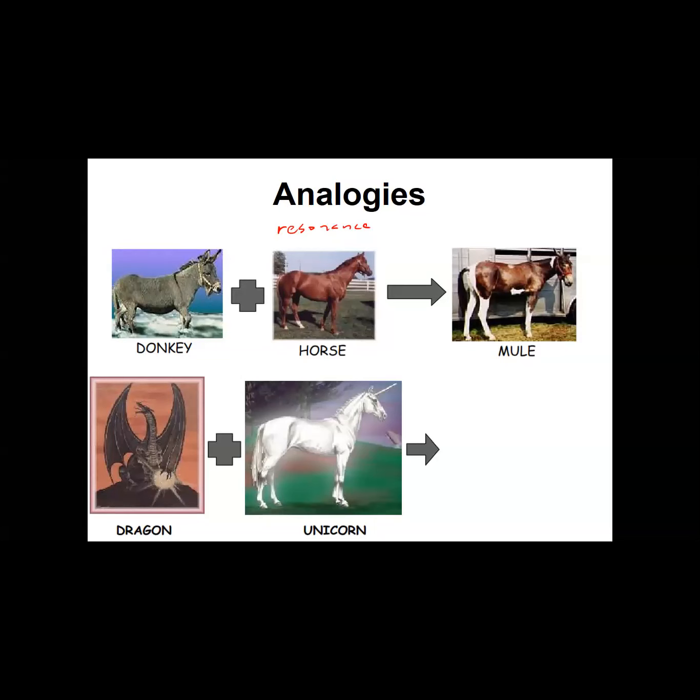The exact Lewis structure is just the average of those written Lewis structures. So which animal do you think exists when you combine a dragon and a unicorn? Anyone? What animal can result if you combine a dragon and a unicorn? Both of these are what? Fairy tales. They don't exist.